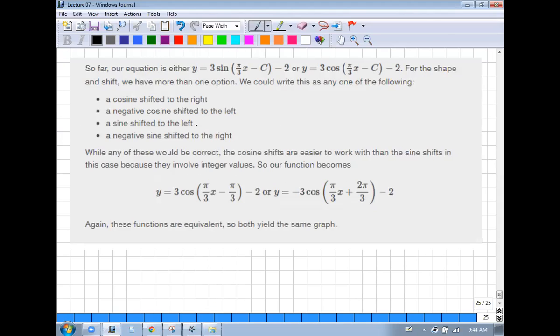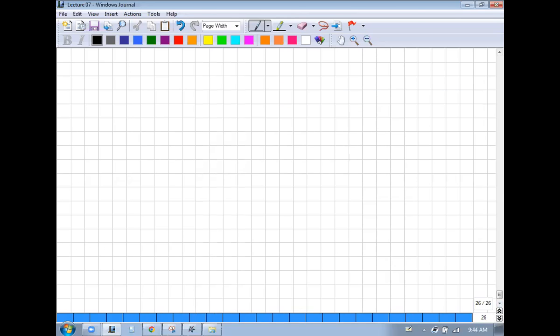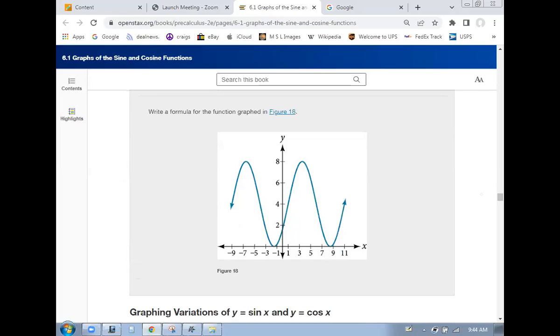Cosine shifted to the right, negative cosine shifted to the right, any of them would be correct. Somehow they did cosine instead of sine. If you did cosine, it would be a shift of pi over 3. But we did sine, so it's going to be a different number. Let's look at another example. Maybe this one will be labeled a little better.